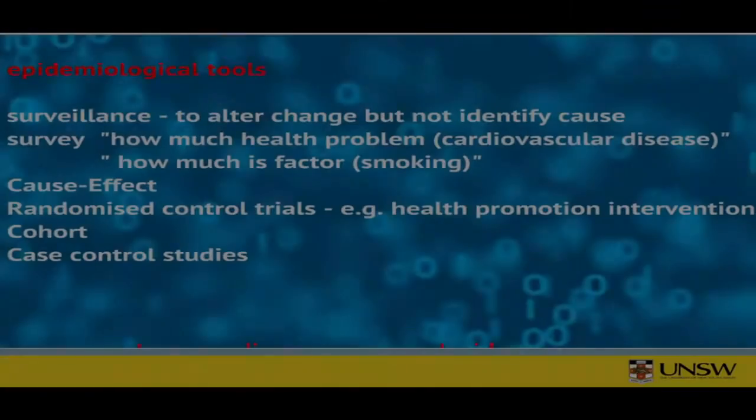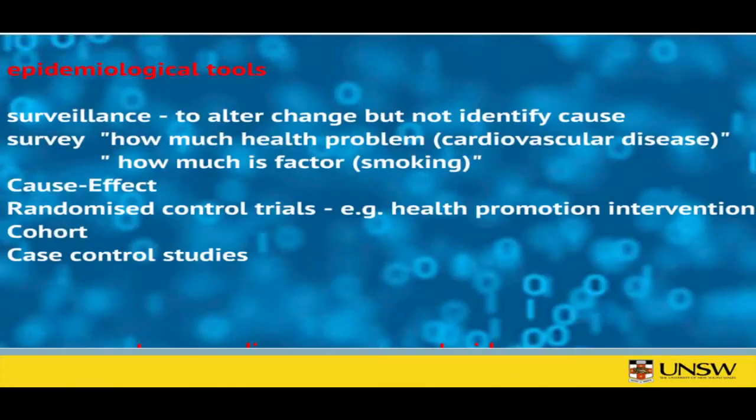And so epidemiology, apart from looking at that association, like the second point, it can also then be rolled out and tested as well. So the epidemiological tools that we use can be as simple as a surveillance. So it looks at how much there is, and it continues along forever, like how much HIV there is.